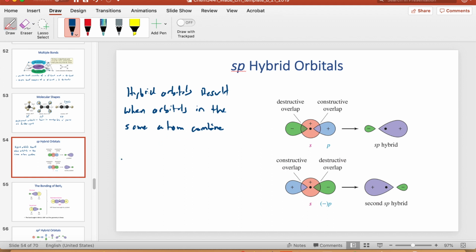So in this case, we have two orbitals that come together, and these form two sp orbitals.